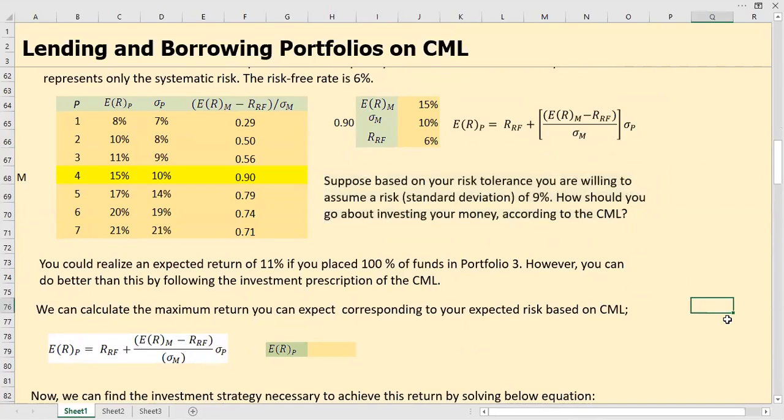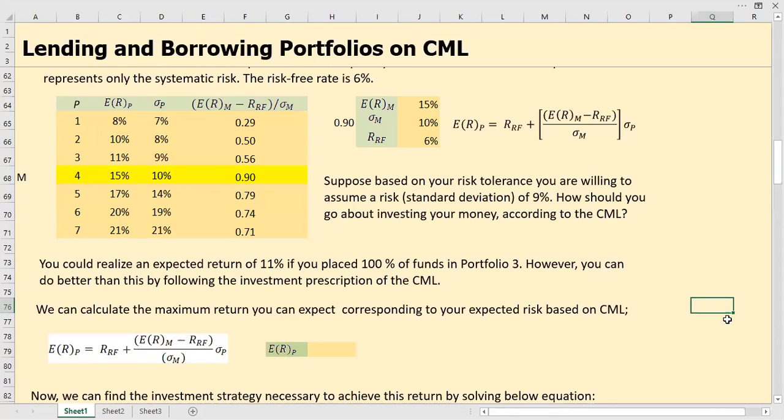Please read it. Suppose, based on your risk tolerance, you are willing to assume a risk of standard deviation 9%. How should you go about investing your money according to the CML? Now this is the main concern that we have.